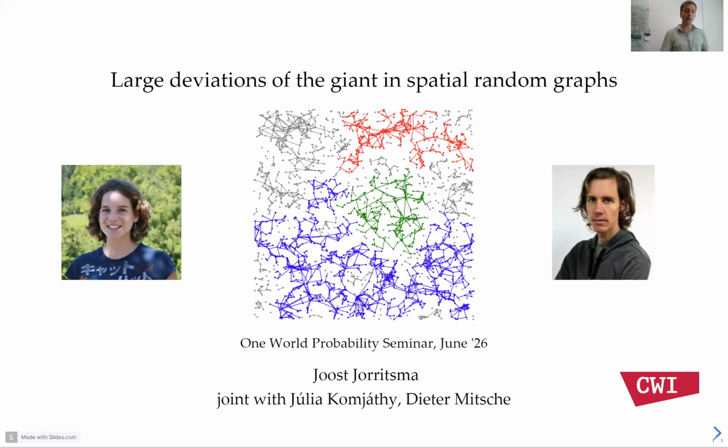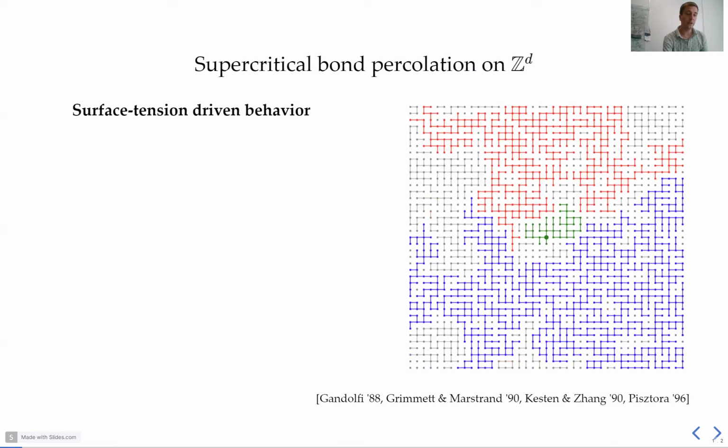So we start with a very brief recap. What we see here is, again, a realization, the same one as Julia showed, of Bernoulli bond percolation on Z^d. And we saw that the behavior of small clusters, so the cluster containing the origin or the second largest component, was driven by surface tension, the size of the surface of an n-dimensional ball.